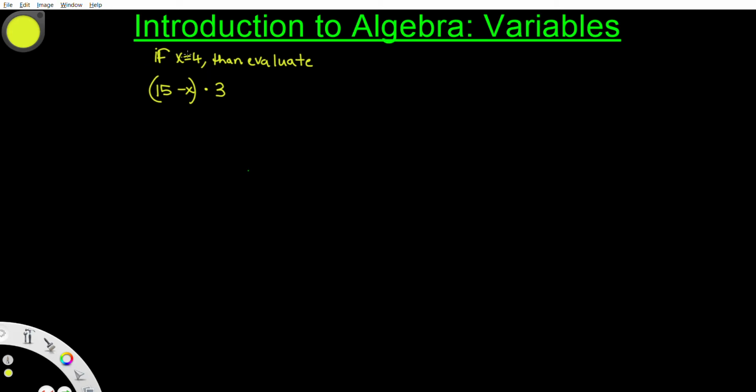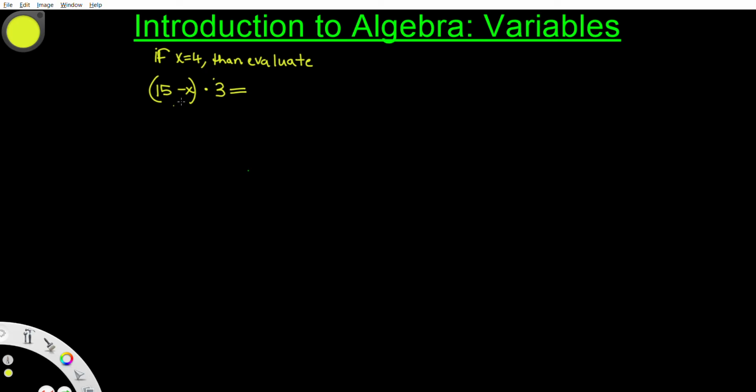So it says if x equals 4, then evaluate 15 minus x, which are in parentheses, multiplied by 3. Before we do all the algebra here, we need to remember our PEMDAS skills. Every time something is in the parentheses, we're going to do that first.